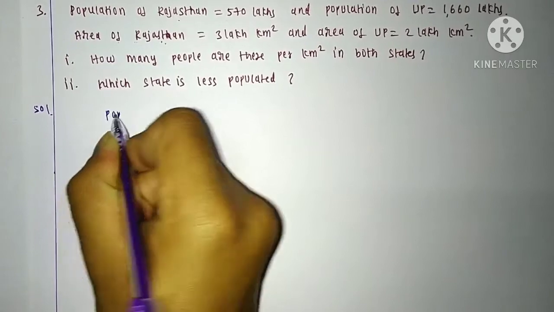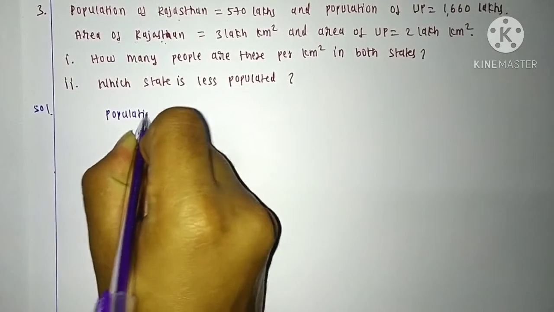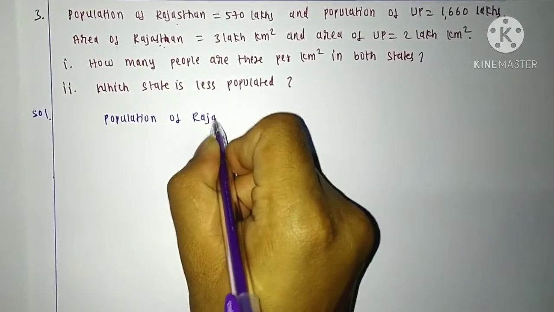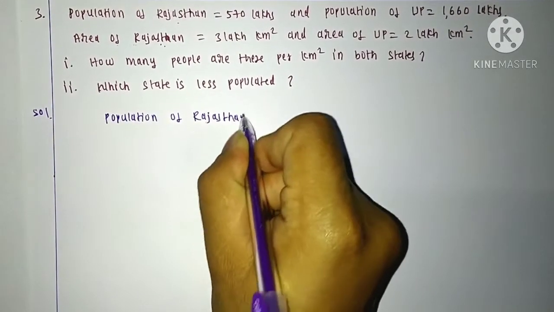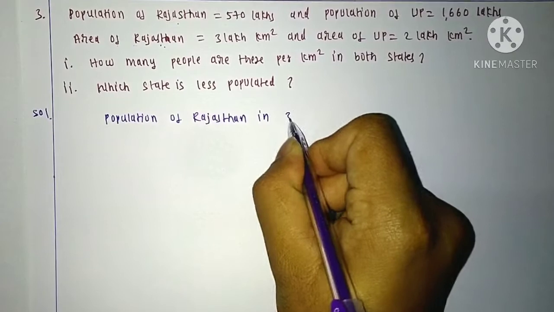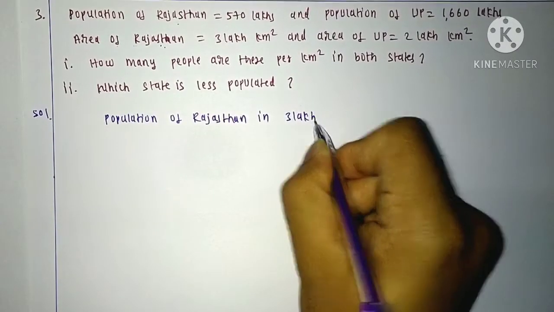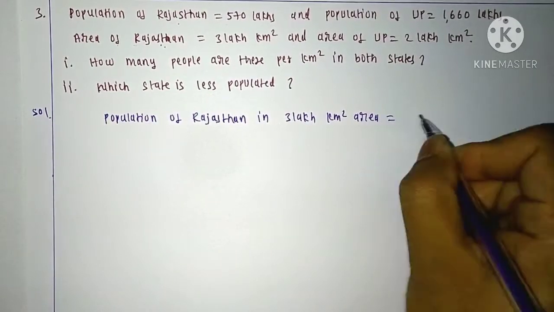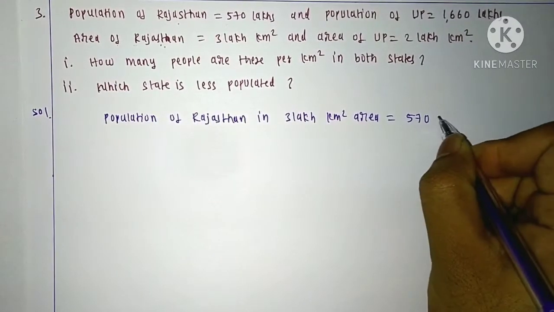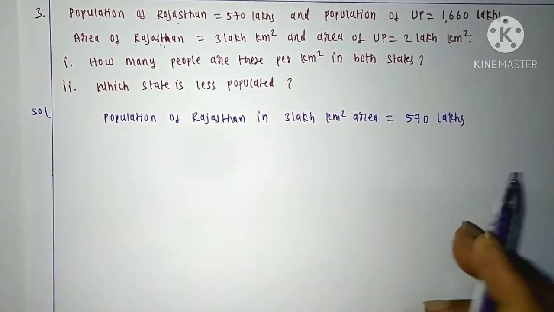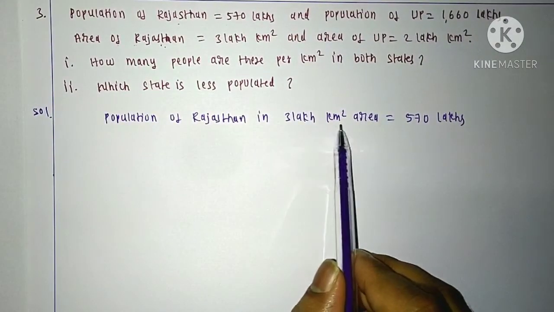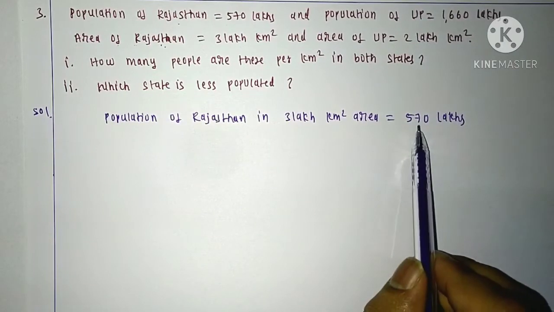The population of Rajasthan in 3 lakh kilometer square area is how much? 570 lakhs.